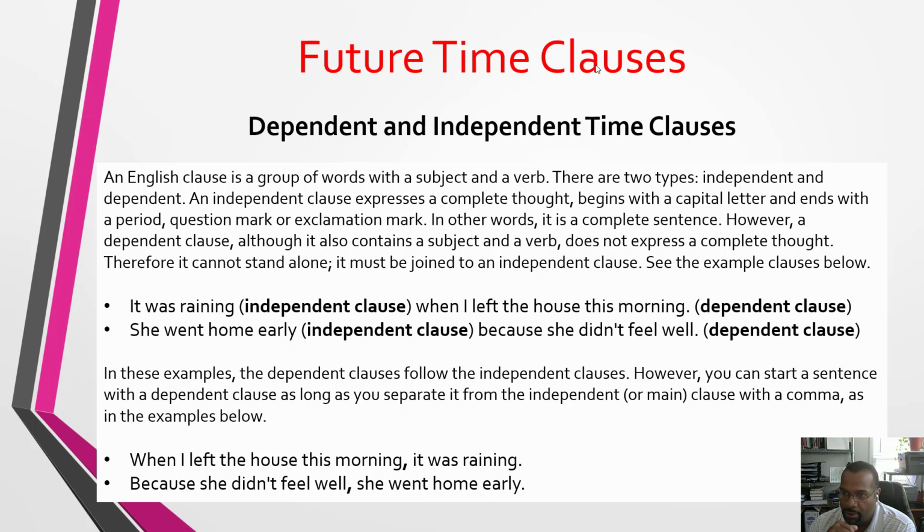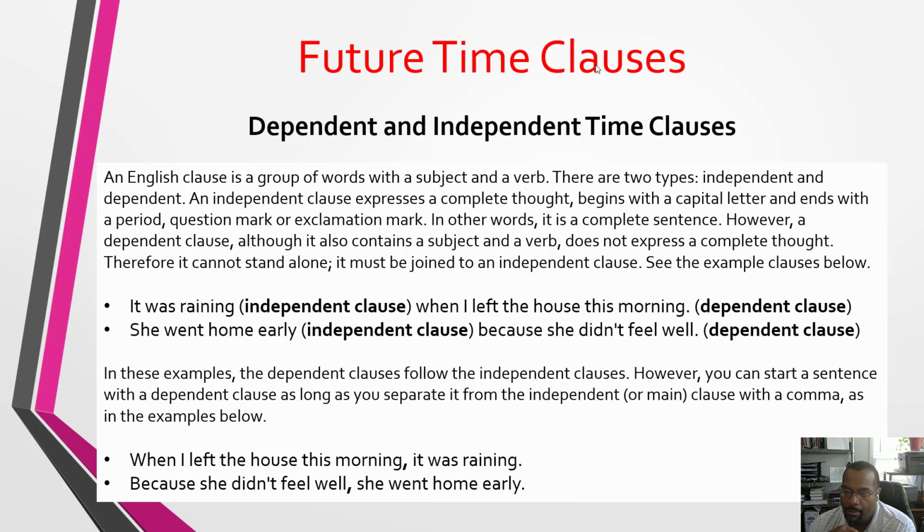So remember, if I say a sentence and you have to ask me a question, like what are you talking about, or finish what you're talking about, usually we're dealing with a dependent clause. It needs help. It cannot stand on its own. If I say, for instance, in our first example, it was raining, and I put a period there, you'd say, okay, that's fine.